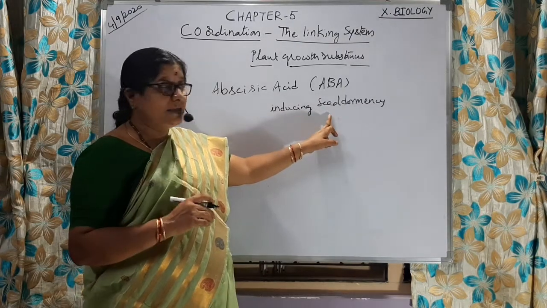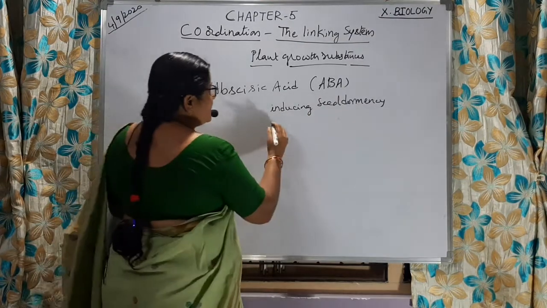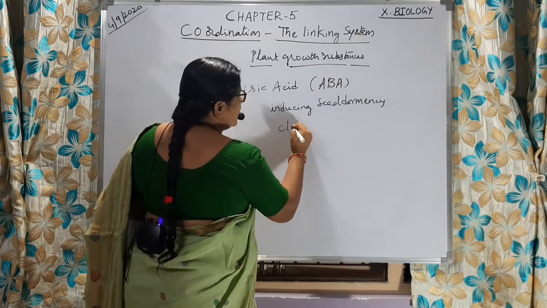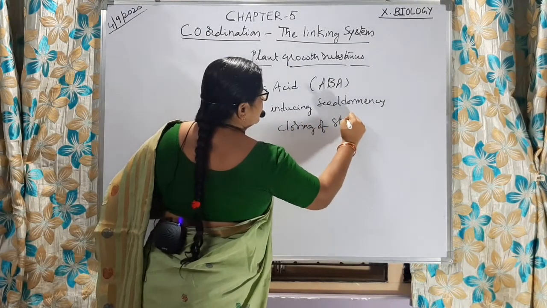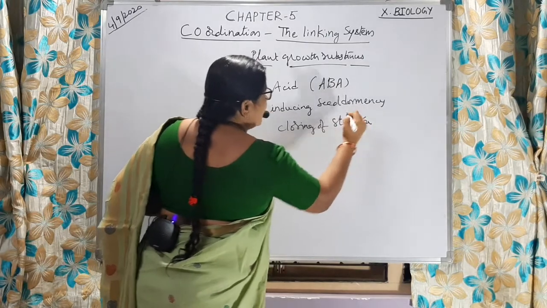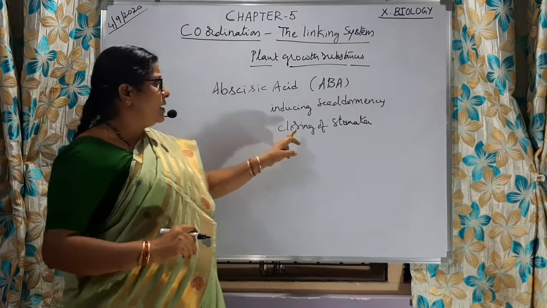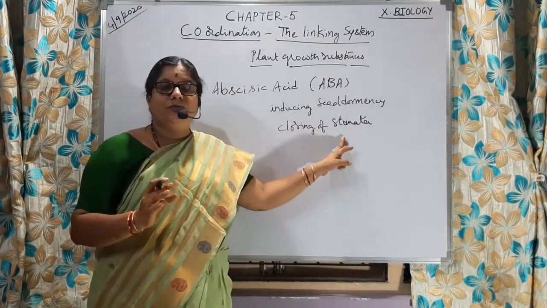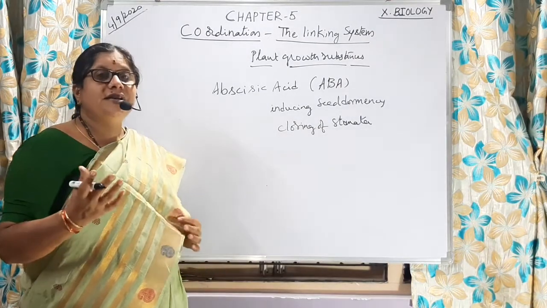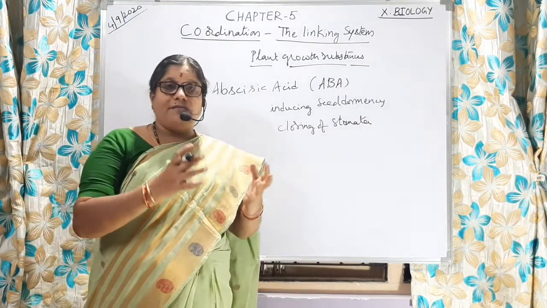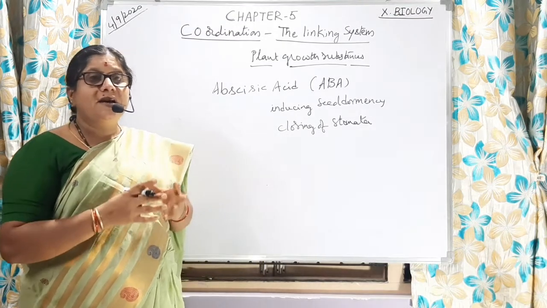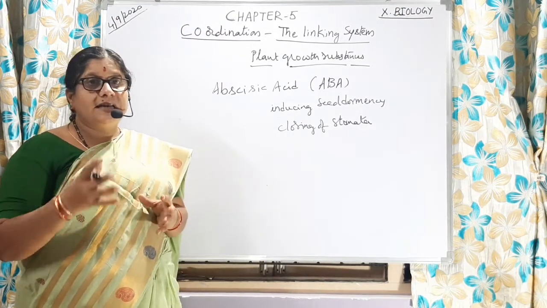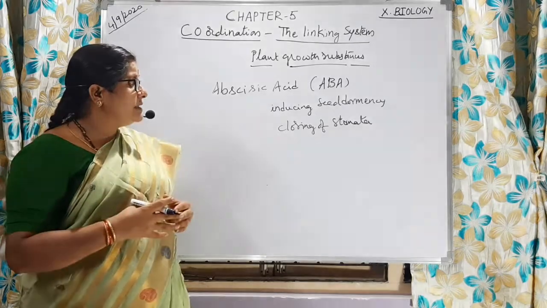It induces seed dormancy. Then abscisic acid helps in closing of stomata. What is the use here, closing of stomata? We observe in deciduous forests, wherever temperate regions, shedding of leaves we can see. In what way is shedding of leaves helping?